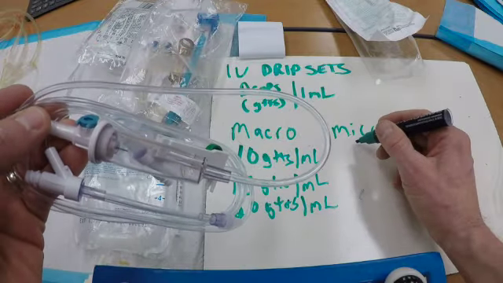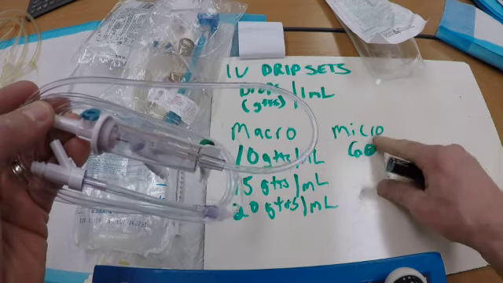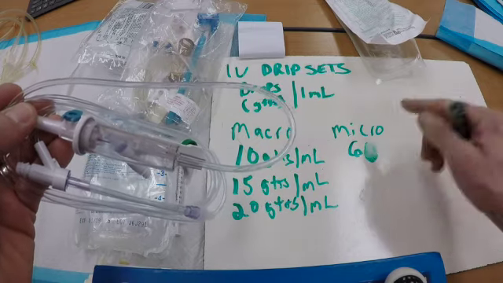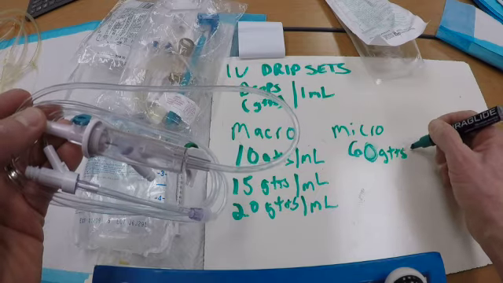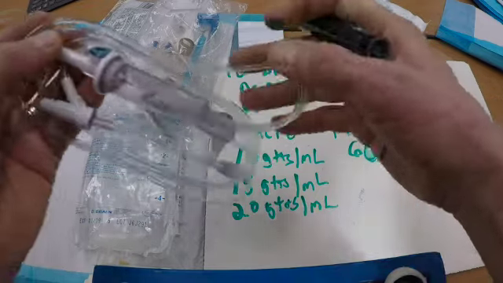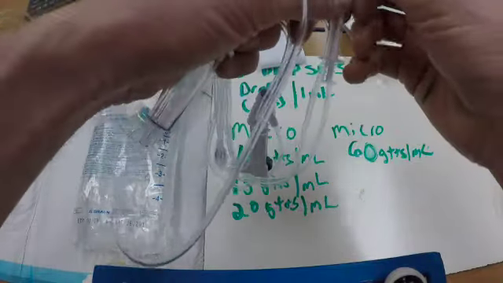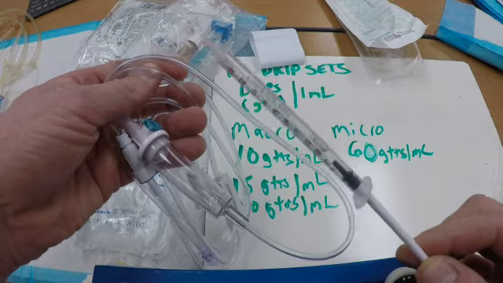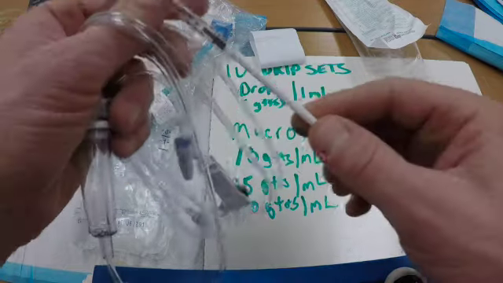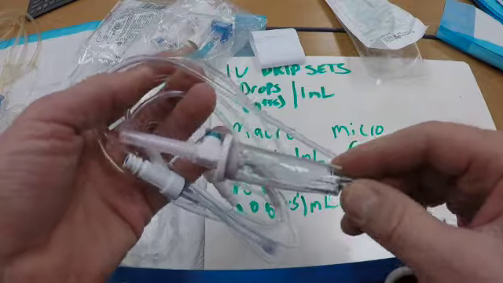The micro drip set is always 60. So if you have a micro drip set, it will take 60 drops to make 1 milliliter. This one always has the needle.